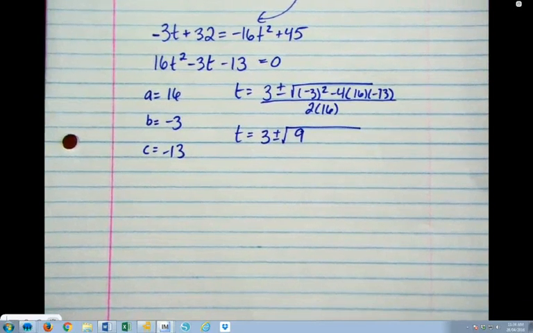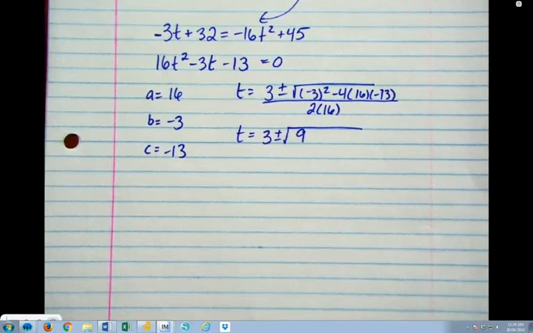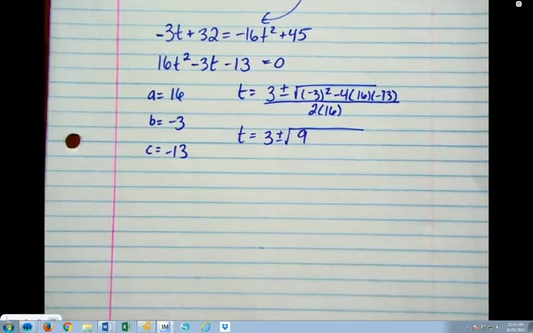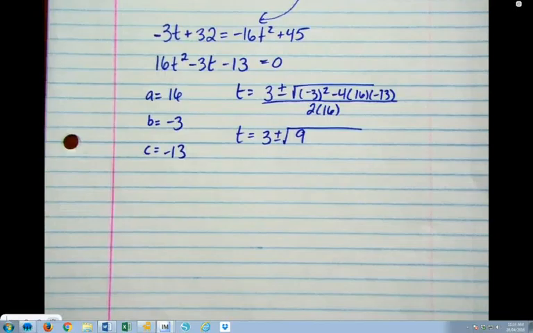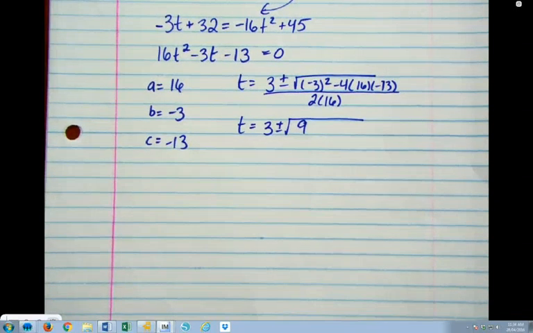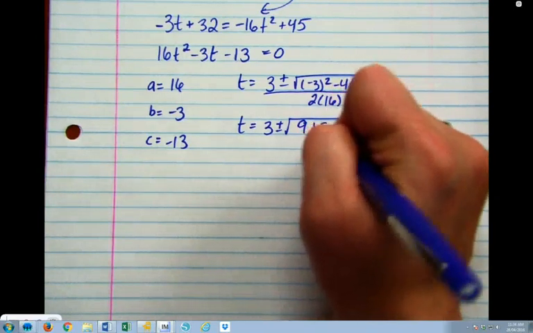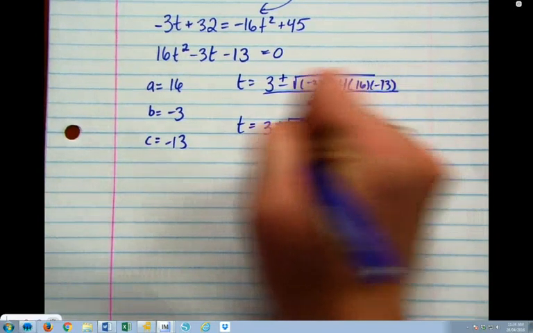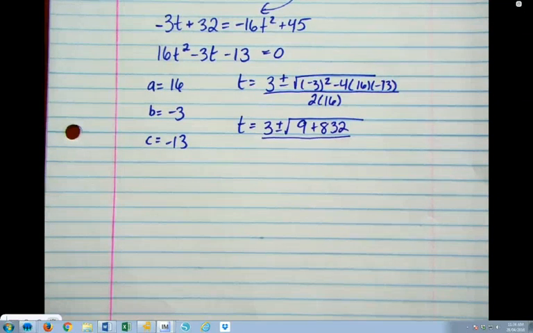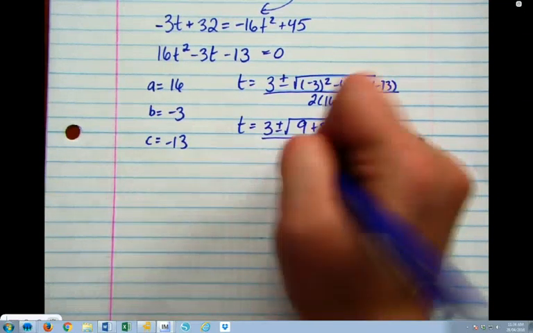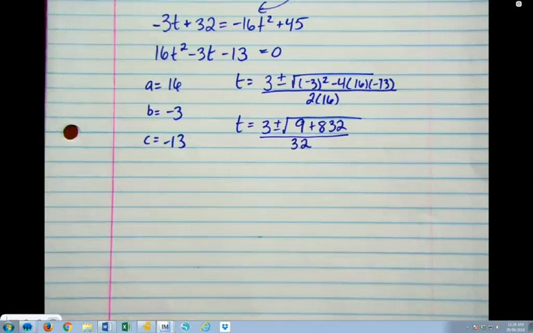We should give you magical calculating machines that fit into your hand. That's crazy talk. So it's 9 minus... Yeah. 832. Or no, sorry, 9 plus 832, because double it. Yeah. All over 32.